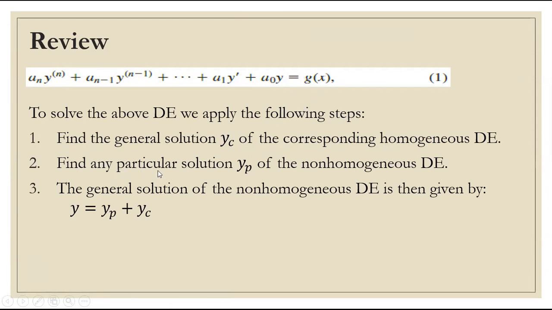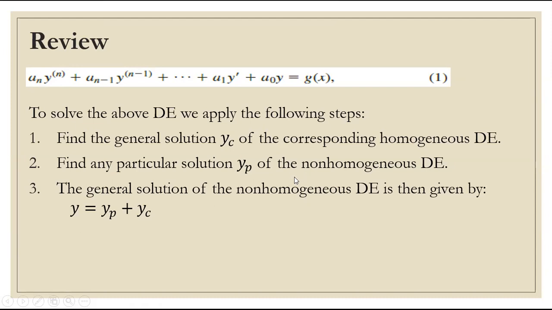Then I find a particular solution yp for the given non-homogeneous equation. How to find this yp? Maybe by guessing. Or if my g(x) is one of the simple functions which we studied in the previous lecture, a polynomial, exponential function, sine or cosine, I can use the previous method to determine the particular solution.